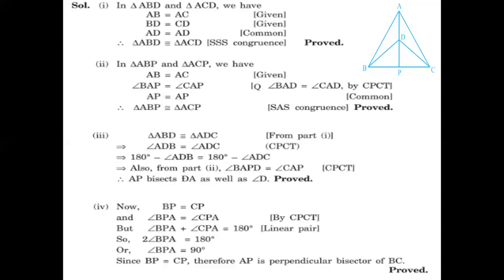Hence, angle BPA is equal to 90 degrees. So I have proved that angle BPA, that is angle P, is 90 degrees, as well as BP is equal to CP. So what does that mean? That AP is the perpendicular bisector of BC. I hope you all are clear with the solution to this question number 1 of this particular exercise.